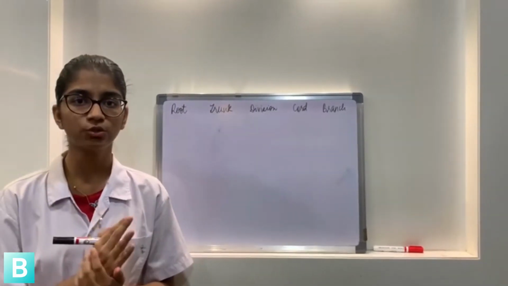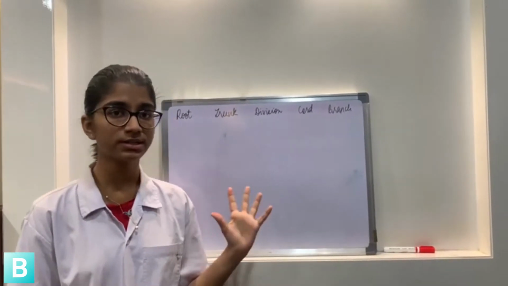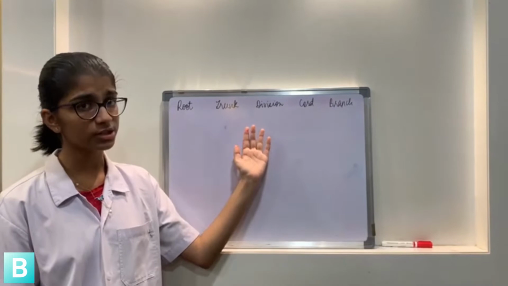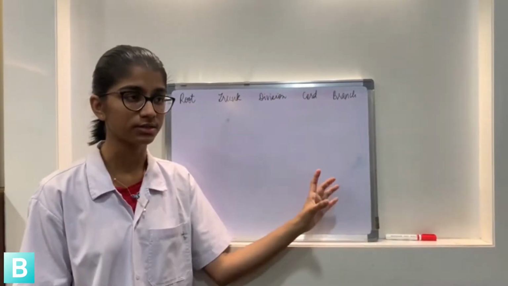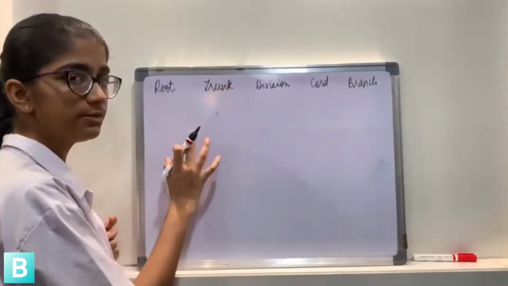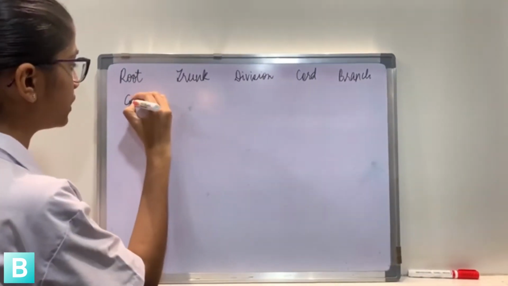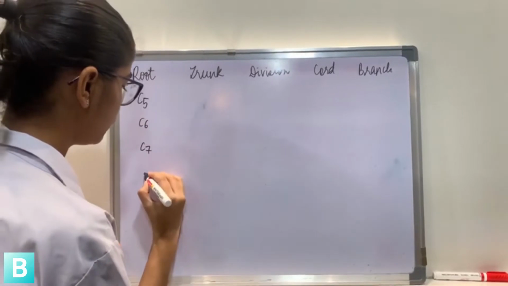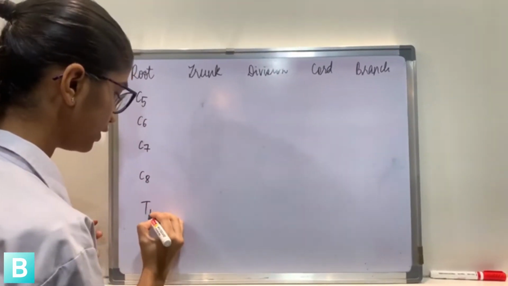Now that we know which roots come in the brachial plexus, let us see how these roots divide and join to form trunks, then divisions, then cords and eventually the branches. Now as we saw, the roots are C5, C6, C7, C8 and T1.